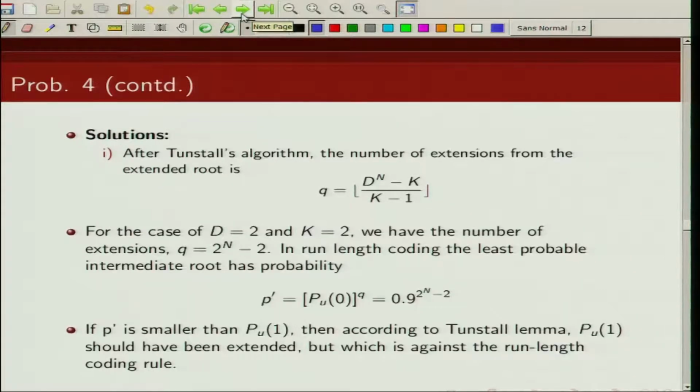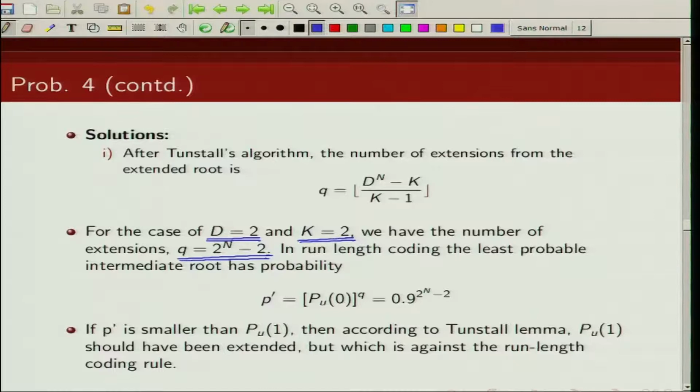Now in this example we are considering a binary code, so D is 2, and our input takes zeros and ones, so k is also 2. So in this case the number of extensions comes out to be 2 raised to power n minus 2. So in run length coding, what are we doing?